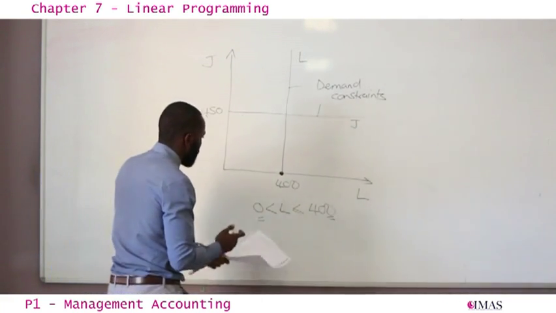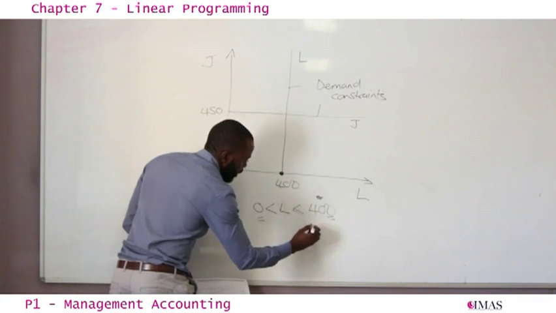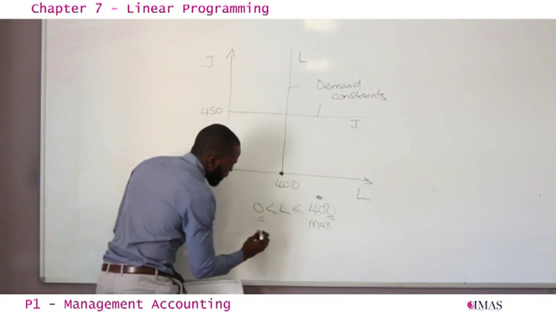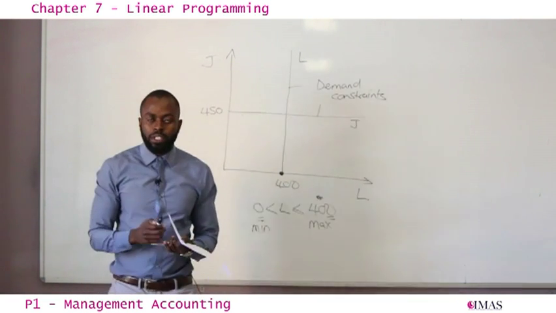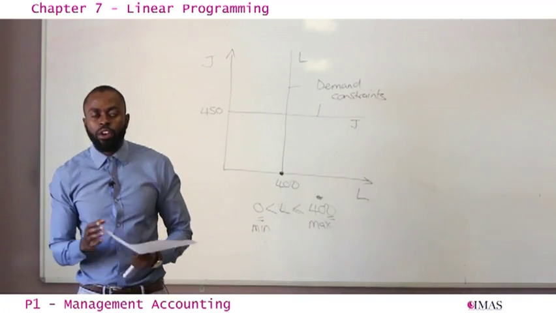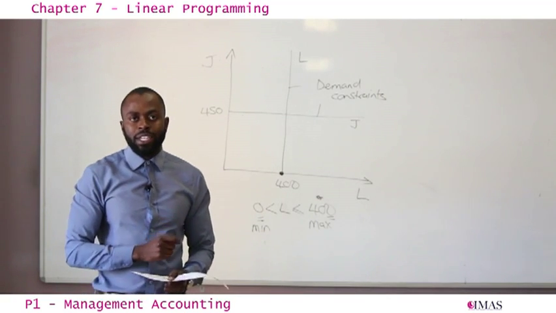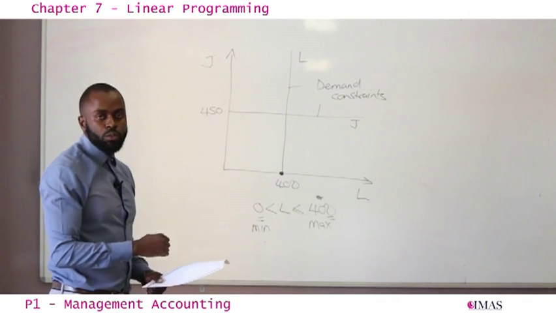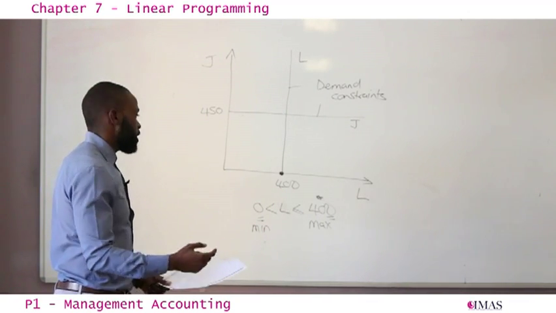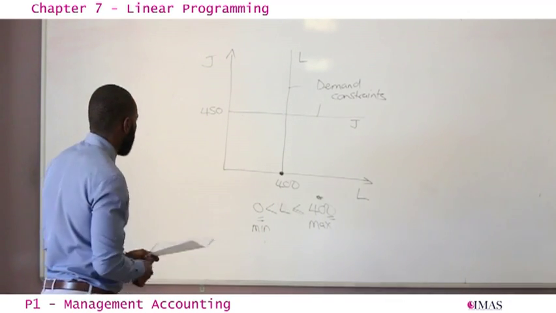Then in other cases we're going to have the maximum. So here this is the maximum, this is the minimum. With the first question that we did, we only had a minimum. We're saying we cannot produce negative output, but we didn't have a demand constraint. But with this question, there is a demand constraint which says we cannot produce more than 400 because we're not going to be able to sell them.